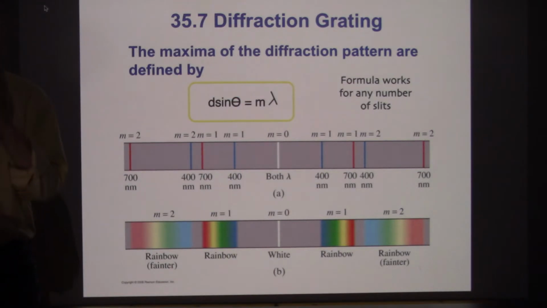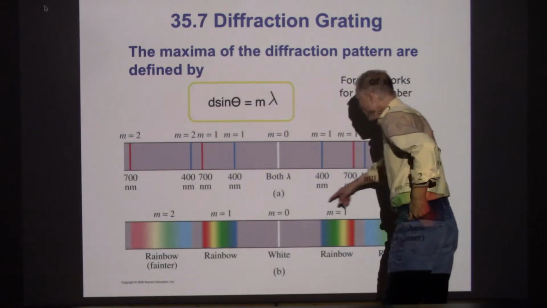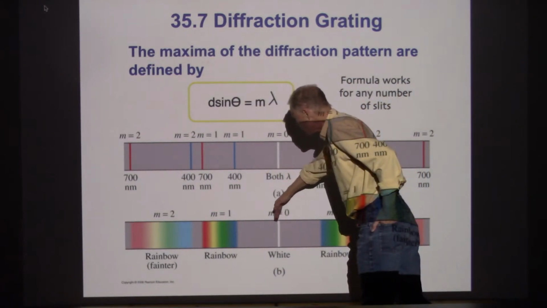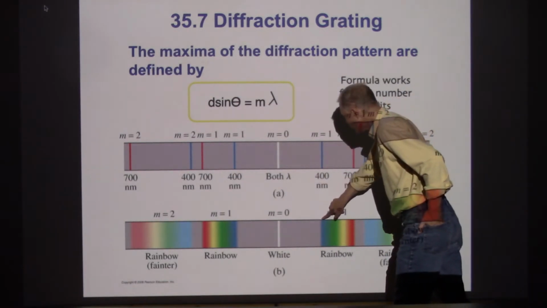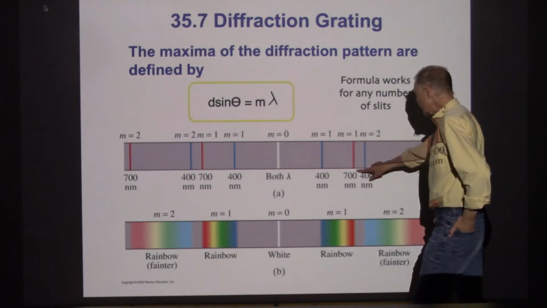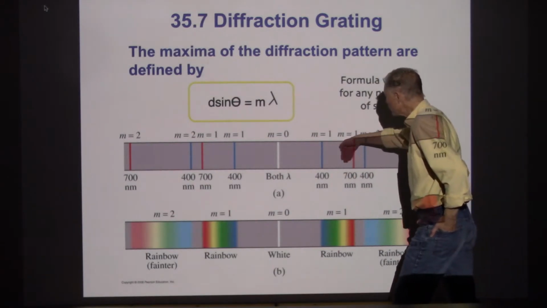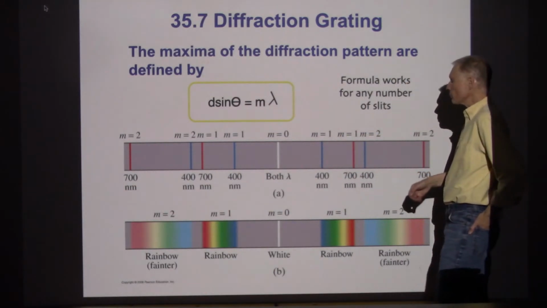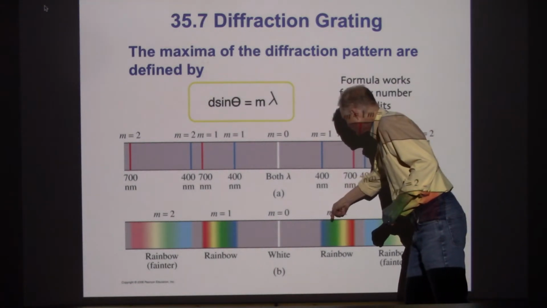Now, if I send the entire spectrum through, what happens is I create a rainbow. All of the n equals zeros land at the same place. But the blue at 400 nanometers will land over here, and the red at 700 nanometers will land over here. I've included all of the wavelengths intermediate between those values, and each of those will show up.